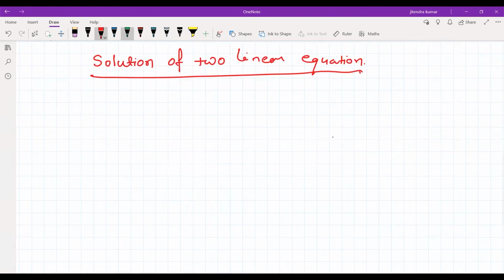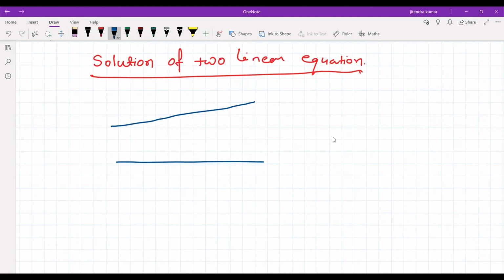Let's try to understand it through a graph first. Two linear equations means two lines, because each linear equation represents a line. So if there are two linear equations, they are representing two lines.